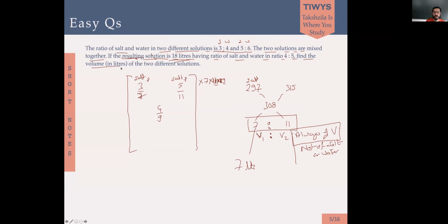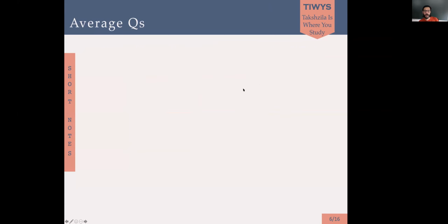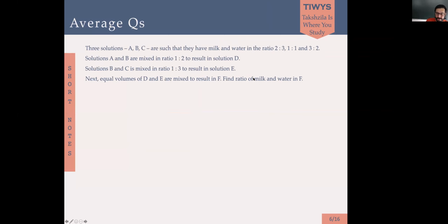Find the volume in liters of the two different solutions. So as I told, nothing great there. It's just a repetition. All questions are not so easy. So questions start. There's a shorter method in this. Rather than do 3 mixings, you can reduce it to 1 mixing.